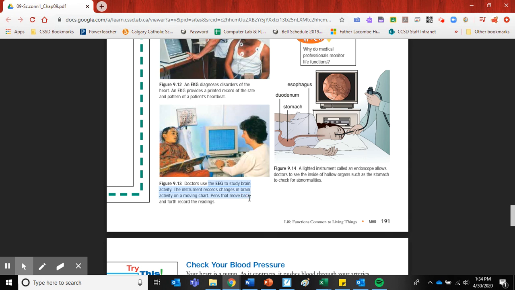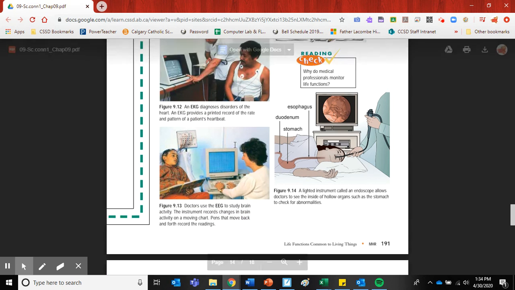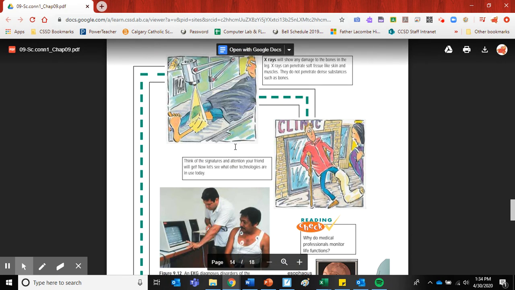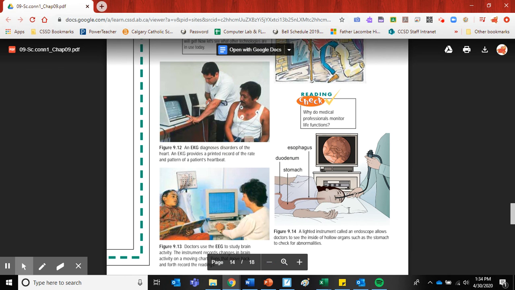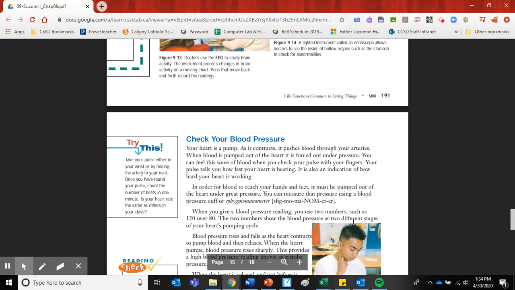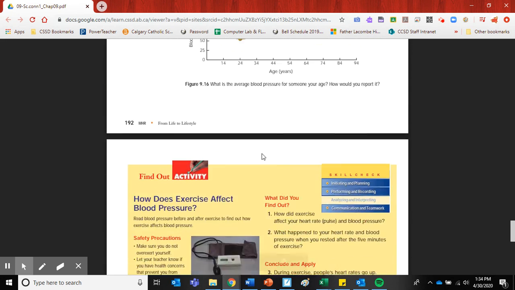Okay, here is an EKG, and we can study the heart's beat, right? And what they're used for. Here we can see there's an endoscope, and what does it actually do? Okay. So be familiar with some of these medical technologies that help monitor and how to keep us alive.